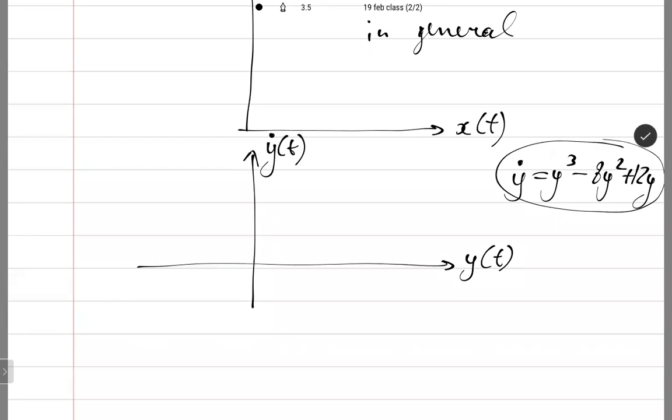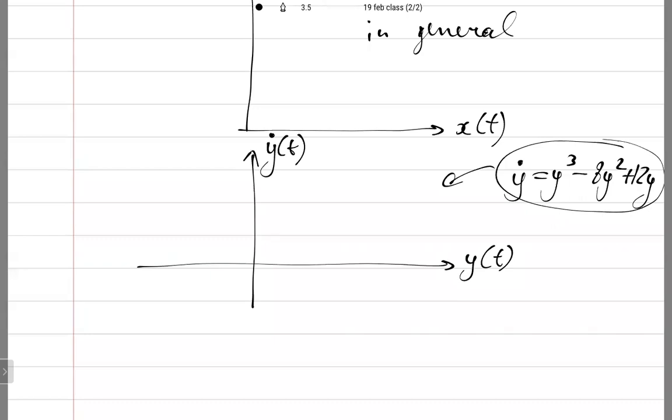Who can draw the picture of this function? We need to draw this cubic function. How can we draw a cubic function? There are 3 points where y prime equals 0: 0, 2, and 6.